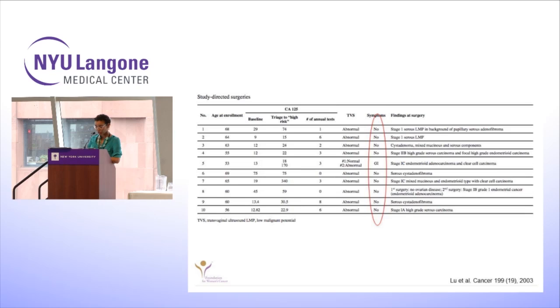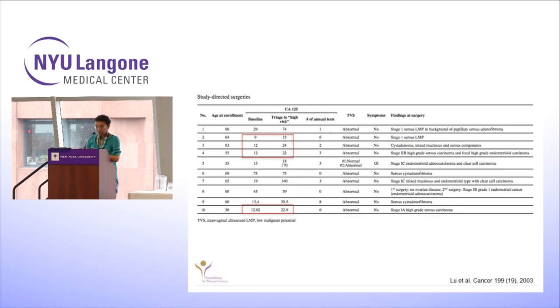Now, what's really exciting about this, except for 1, none of these patients had symptoms. So they really were caught based on the screening. Many of them had had many tests, meaning they had gone through the screening for several years, and only after the 6th test or the 3rd test or the 8th test was something found.